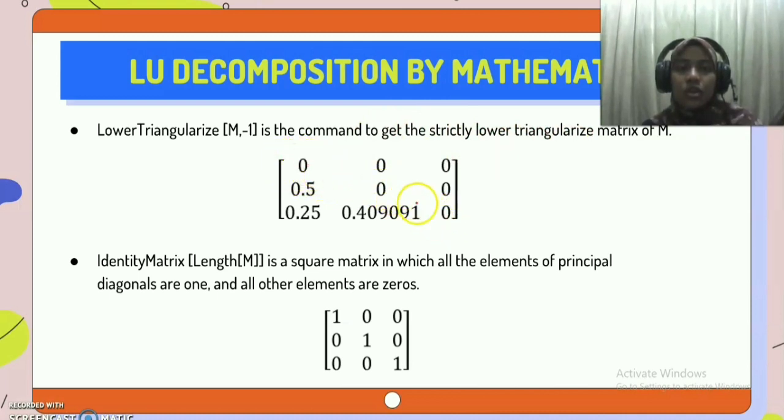So we have 0, 0, 0, and since it is lower, we fill in some numbers at the lower part, like 0.5, 0.25 and 0.4, etc. This is from the matrix of M, and the upper part will be filled in with zeros. An identity matrix is a square matrix in which all the elements of the principal diagonal are 1 and all other elements are zeros. This is the basic of identity matrix. So we know that the elements of the diagonal are 1 and all other elements are zeros.